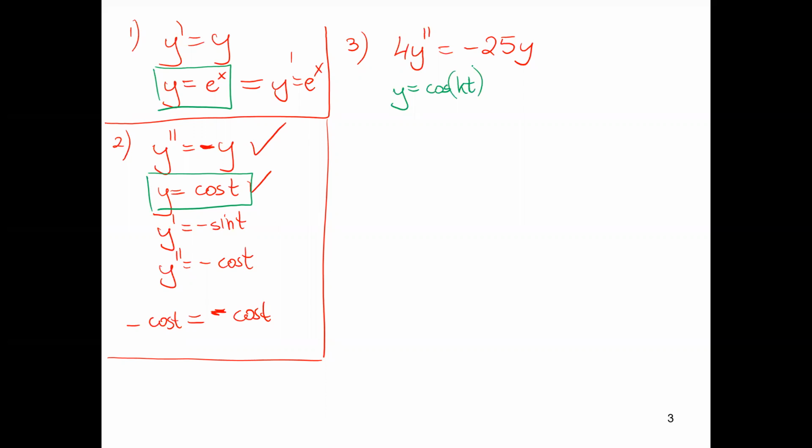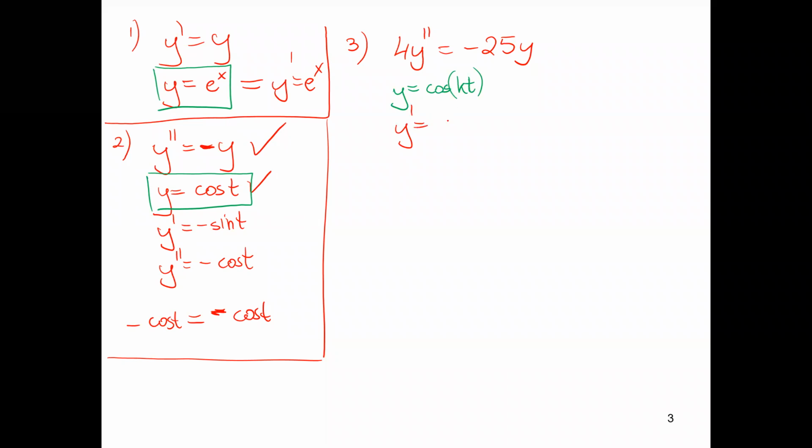equation. We are confident that the cosine function works. But what values, what parameter k will we need in order to satisfy these coefficients 4 and 25? Okay, what we will do, we will basically find the first derivative.